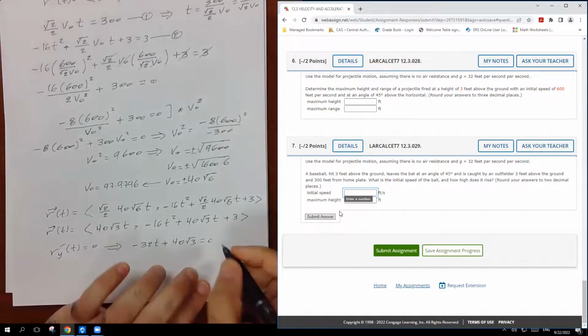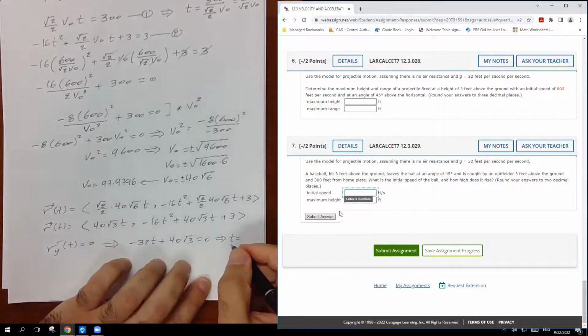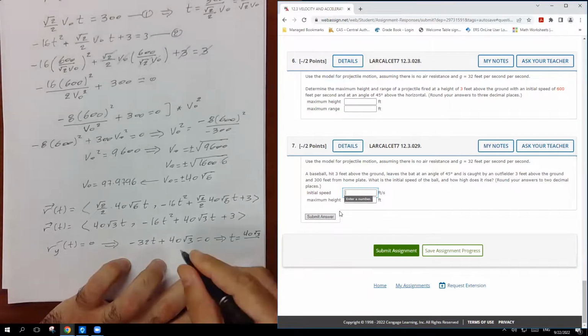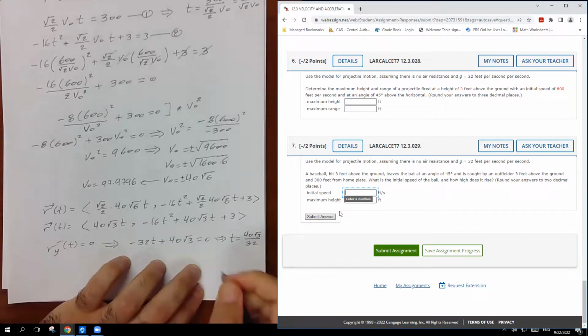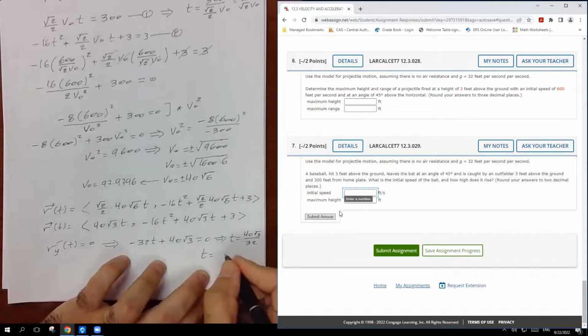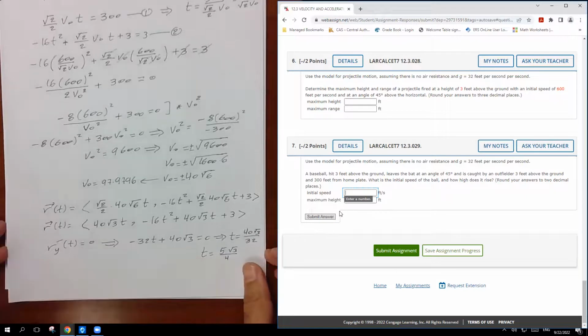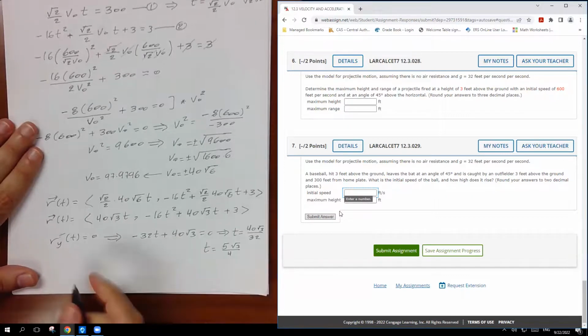So from here, the time is going to be equal to 40 square root of 3 divided by 32. So the time is going to be 5 square root of 3 divided by 4. This is our time. Now just plug in the time here to find the maximum height.